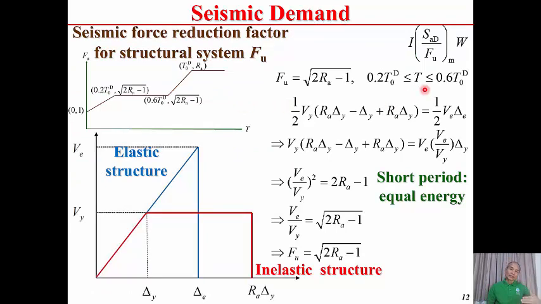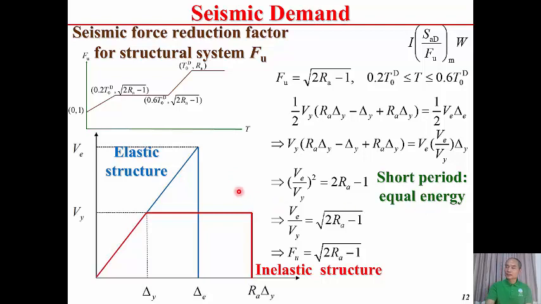When T lies between 0.2 T0D and 0.6 T0D, Fu equals the square root of 2Ra minus 1. And how do we come up with this value? For short period structures, the criterion of equal energy exists.